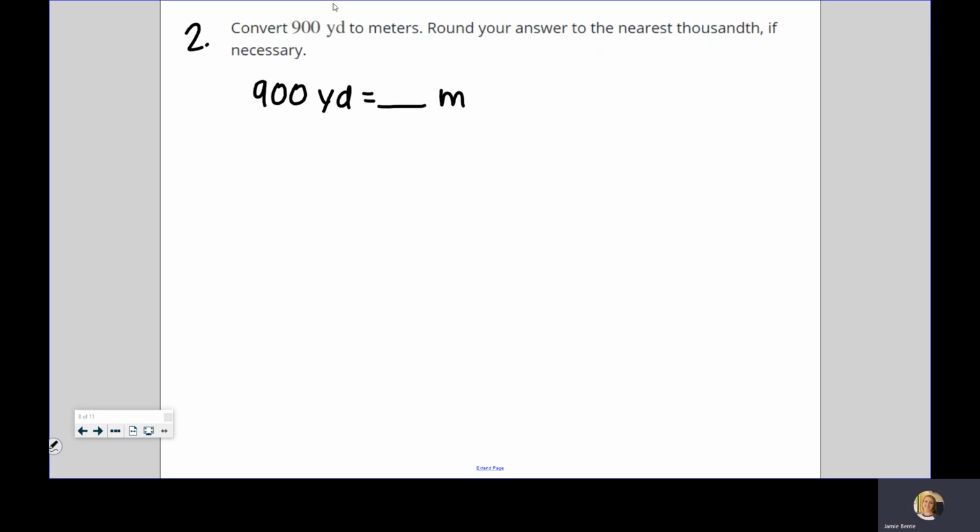All right, so this is our first actual conversion where we're going to have to use dimensional analysis. So convert 900 yards to meters. Okay, so on your sheet, you have 2 columns here.